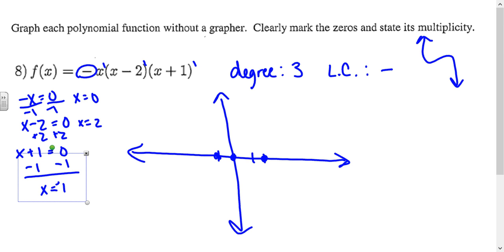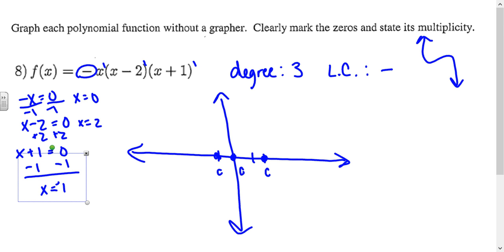Well, all of these multiplicities are odd. So if it's odd, does it cross the x-axis or touch the x-axis? The correct answer is it crosses. So the 0 is going to cross, I'm going to put a little C there for that. The 2 is going to cross, and the -1 is going to cross.